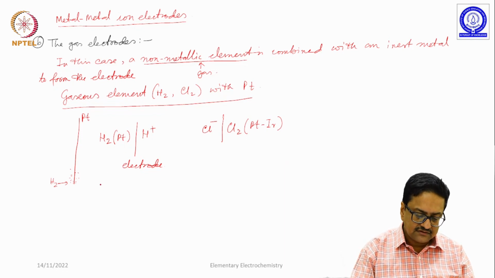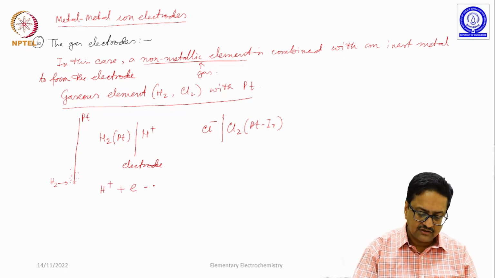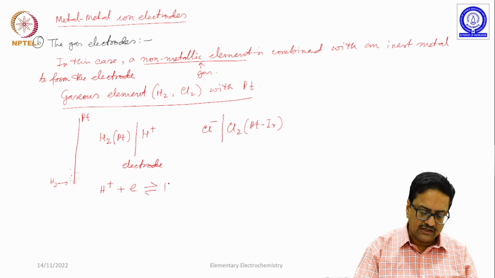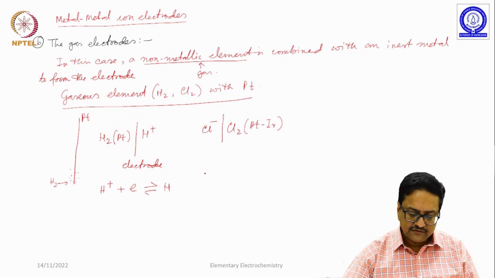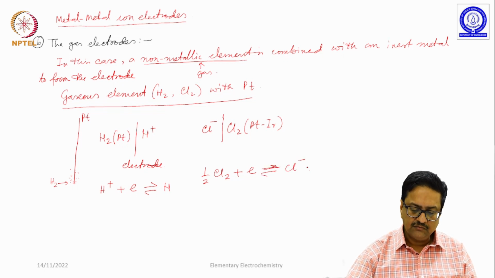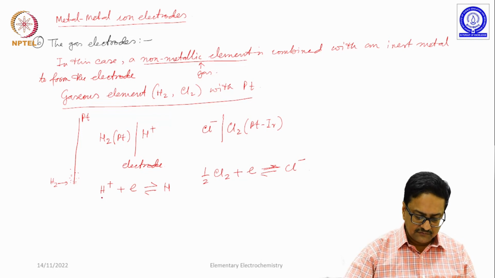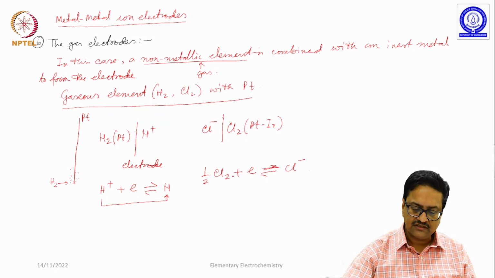In this case, the reaction is H plus taking up one electron giving you half H2. Similarly, half Cl2 takes up one electron giving you Cl minus. So this is the cell reaction in the reduction direction.